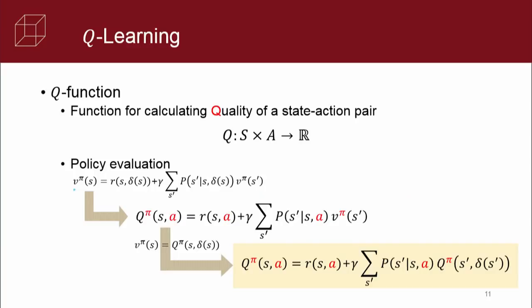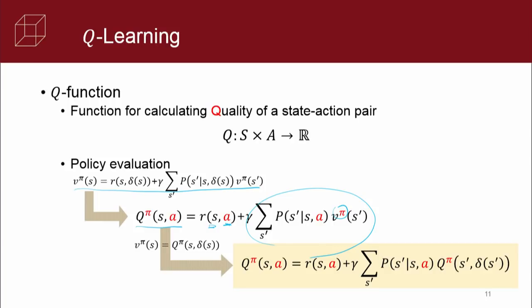We can define Q pi(s,a) as follows: the state-action function Q pi(s,a) is the expected return starting from the state s, taking the action a, and then following the policy pi.